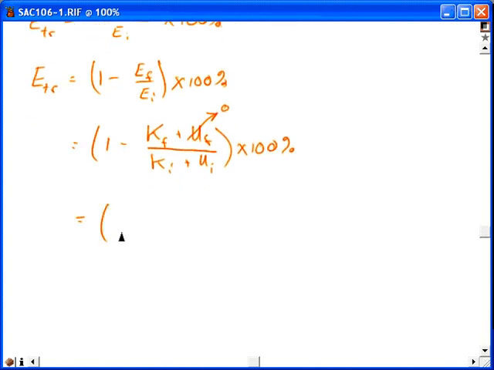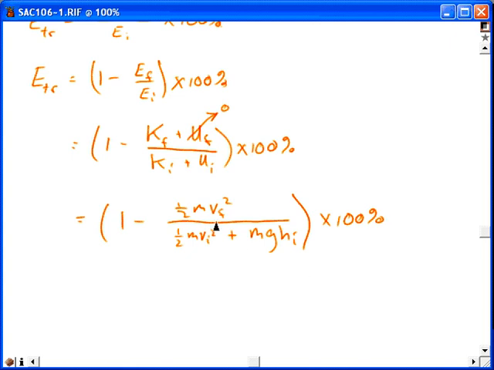And then this can be expressed as 1 minus 1/2 m vF squared divided by 1/2 m vI squared plus m g hI, where the hI is the 35 meters.